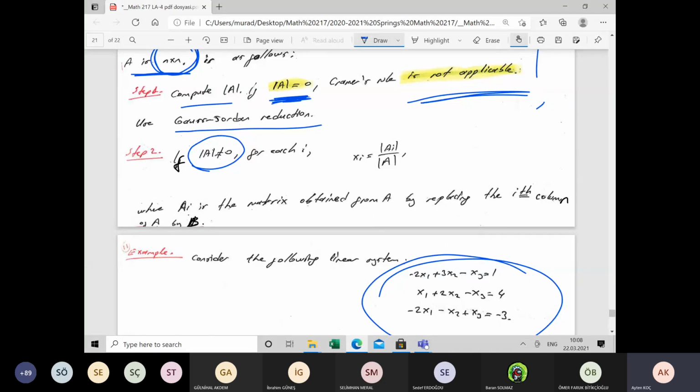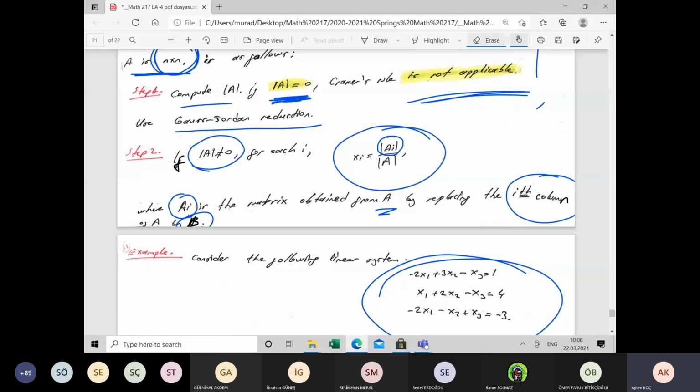So what's the A sub i? A sub i is a matrix that can be obtained from A by replacing the ith column by the right-hand side. It's okay. So this gives the solution of the unknown.